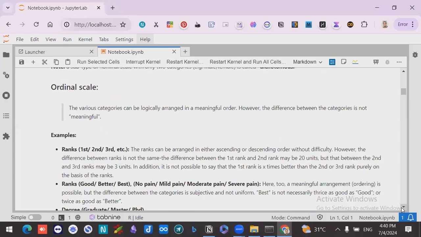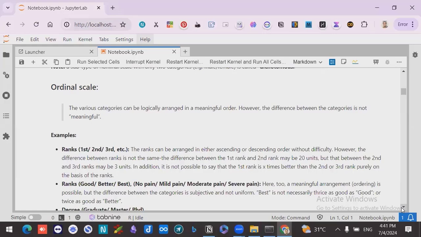But what is ordinal? Ordinal indicates the categories are the same, but they can be logically arranged in a meaningful order. However, the difference between categories is not meaningful. The difference is not meaningful, but the order is important.